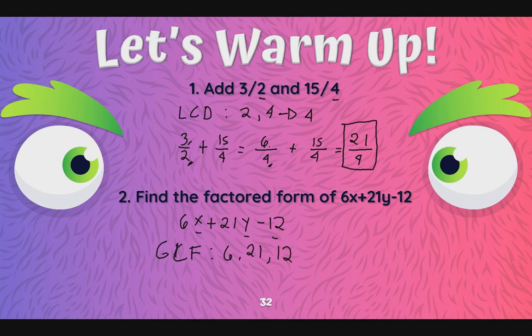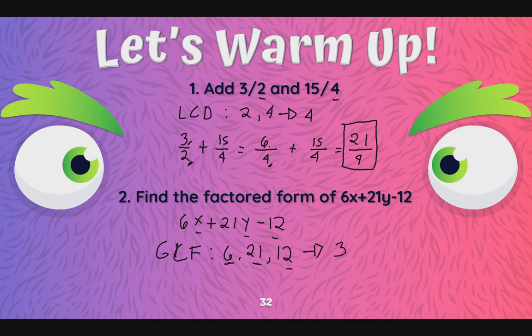When we say GCF, it is the biggest number that can divide 6, can divide 21, and can divide 12. If you're thinking about number 6, that is not correct because it can divide 6, but it cannot divide 21. So the right answer for this one is 3.